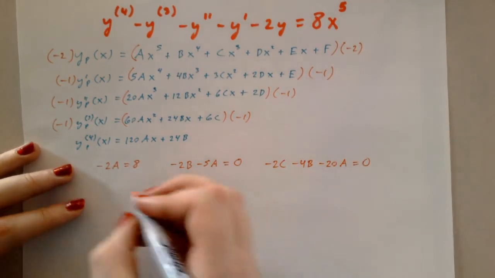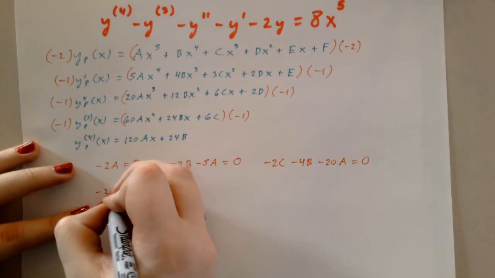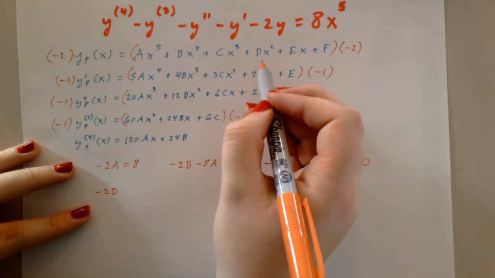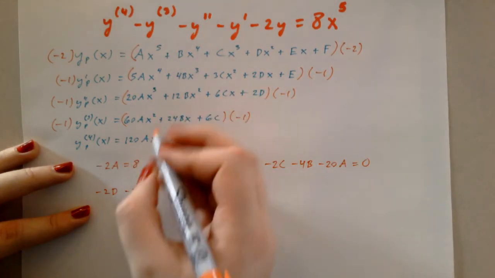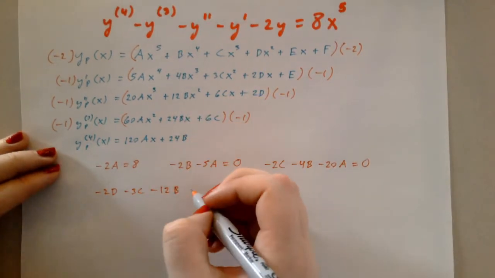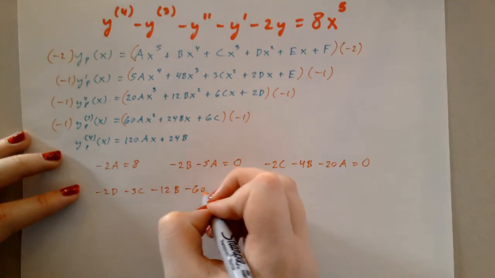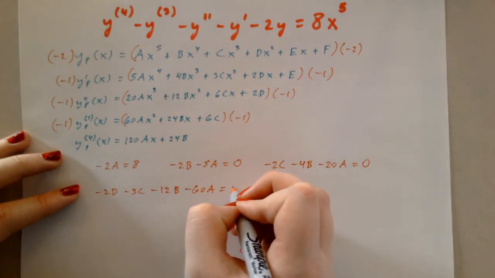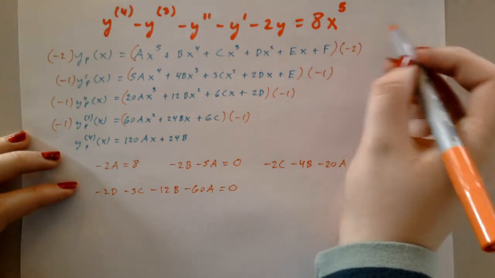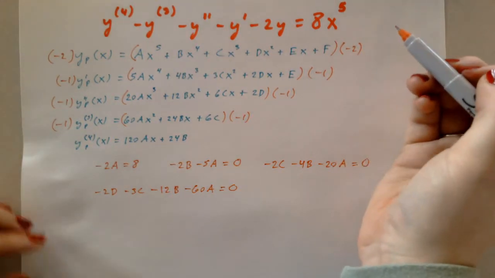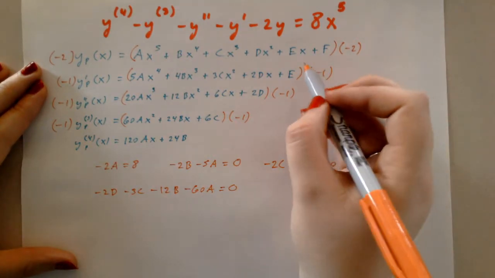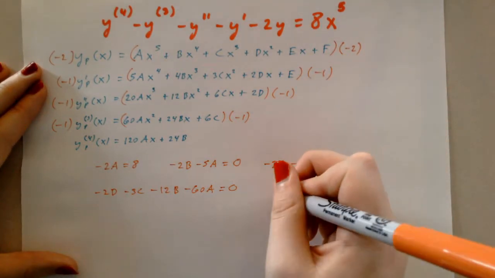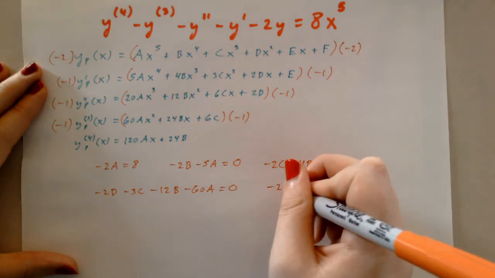Move on to our x squared terms. We have -2d from right here. We have -3c. We have -12b. And we have -60a. Once again, that's 0 because there are no x squared terms in our solution. Now we can move on to just the x terms, where here we've got -2e.